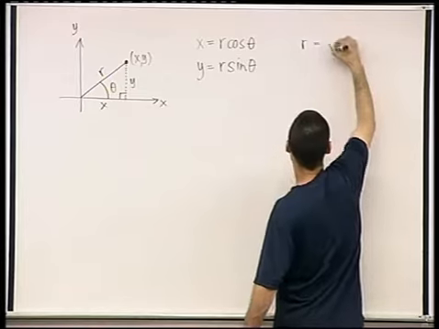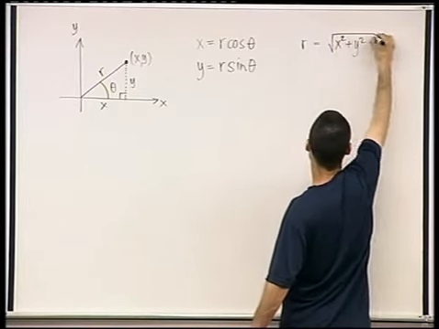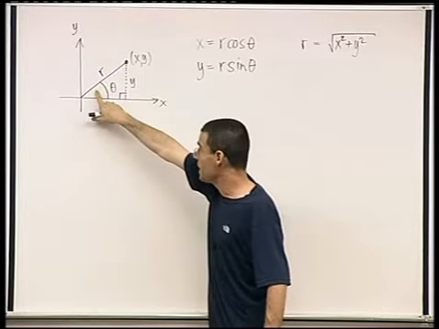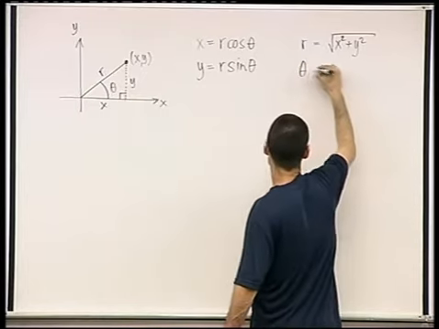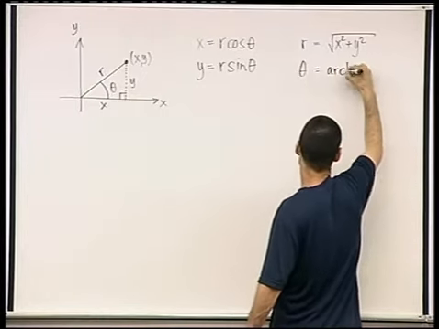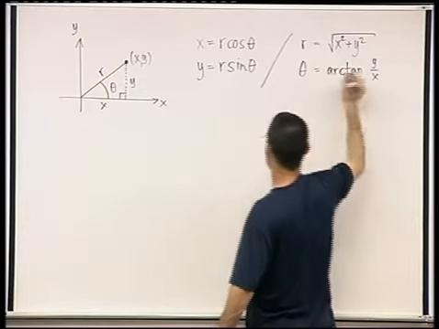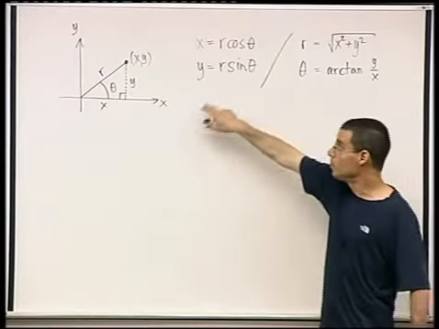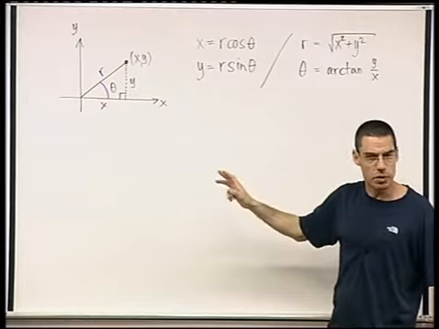So r is the root of x squared plus y squared. Do you agree? Everybody? And the tangent of theta is y over x. So theta is the arctan of y over x. Okay, so this is how we go backwards, but right now we're going to use the moving from x's and y's to r's and thetas. Good? Everybody knows this, right?